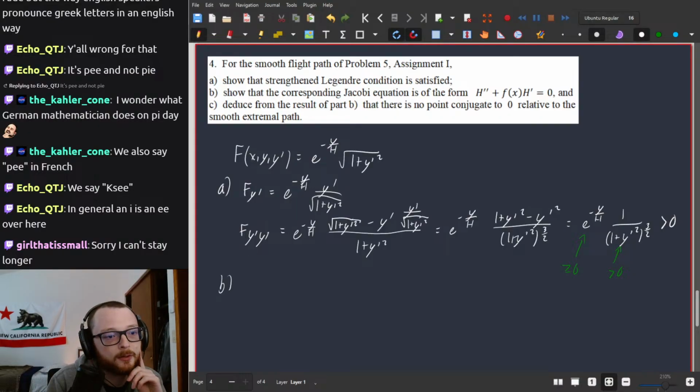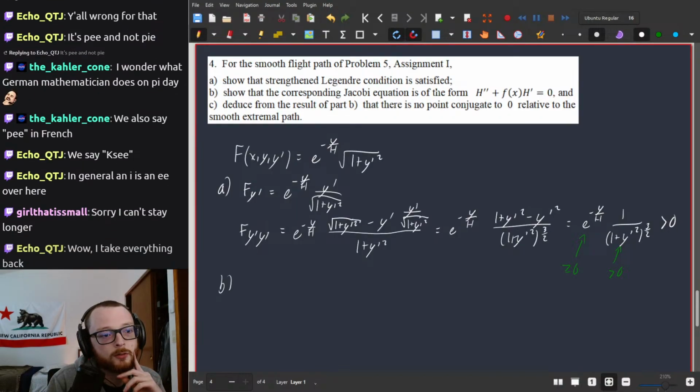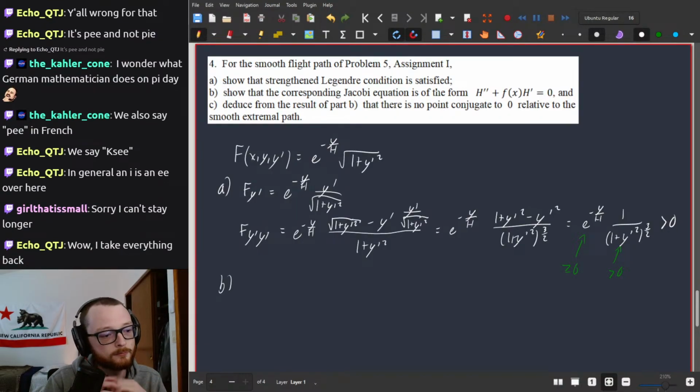Okay, B. Jacobi equation. You take everything back about the Greek letters?